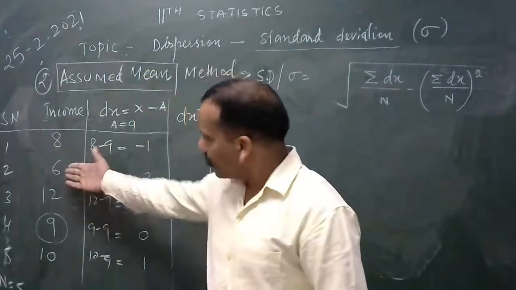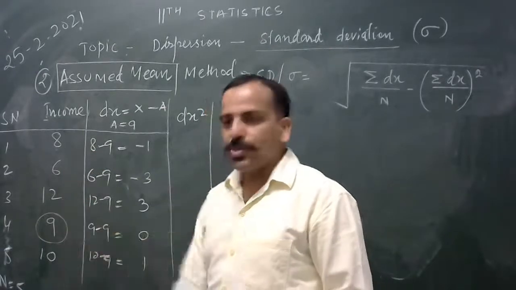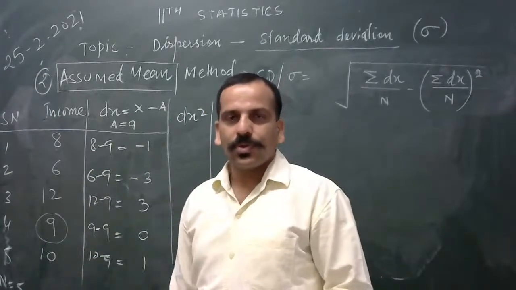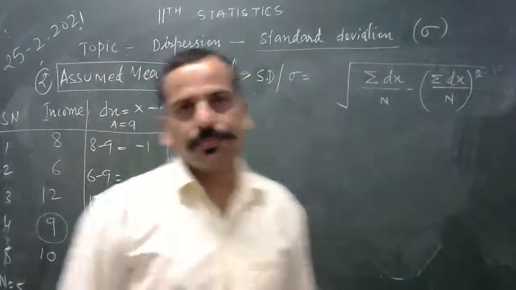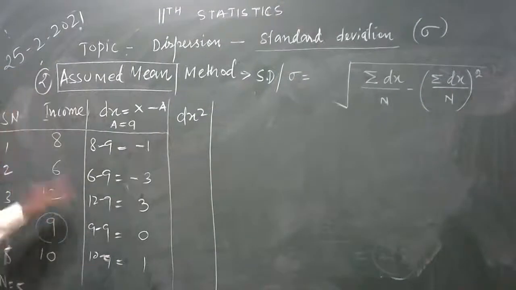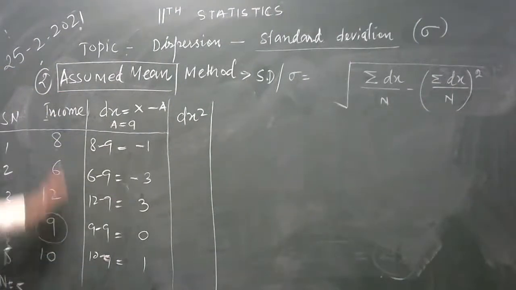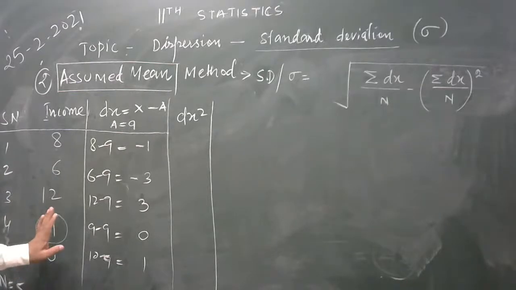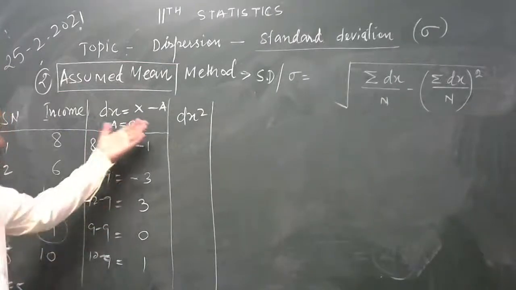Lowest income is 6,000, highest income is 12,000. So you assume a mid value; you can add the highest and the lowest. Keep in mind, this is not in ascending or descending order. So understood why I have taken 9?